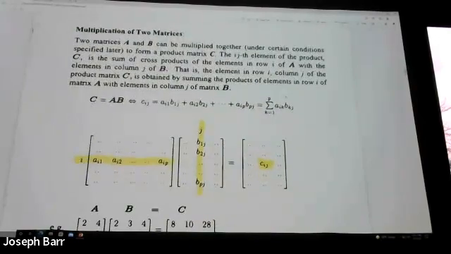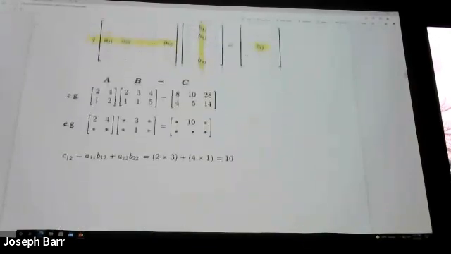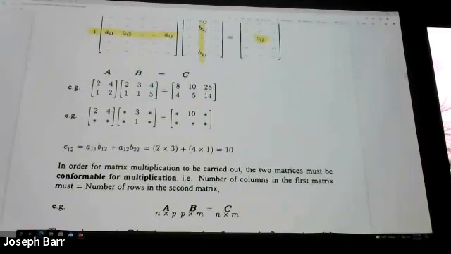So we have two matrices A and B. If we are trying to get the product, of course, we have different types of product. If we use a traditional definition of multiplication, so that's the rule.